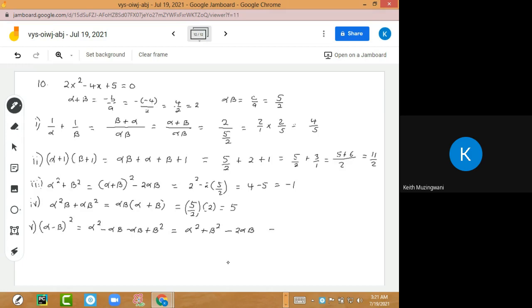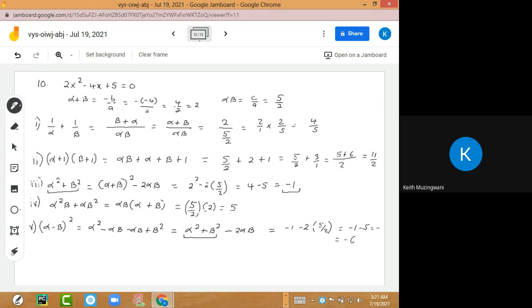But we've already found this. It's here, and it's -1. So -1 minus 2 alpha beta, which is 5/2. So we get -1 minus 5, which is -6.